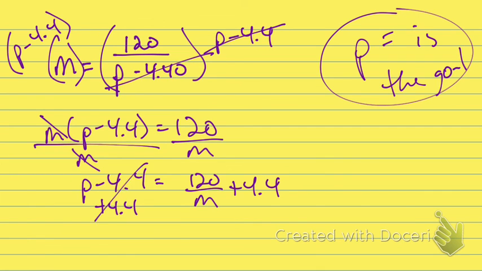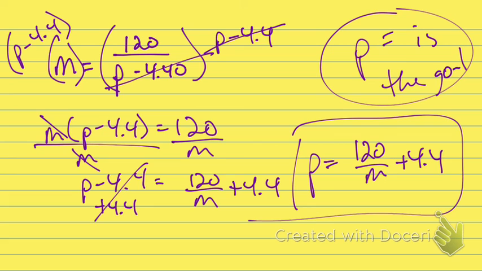So P equals the original price is the total divided by the number of mugs plus 4.4. Yeah. So if the number of mugs being purchased were changed, this would give you the original price. The inverse operation, we switched M and we switched P. So this is an inverse of this.